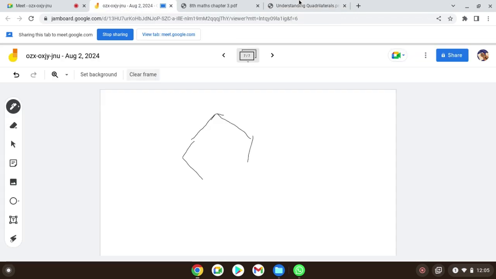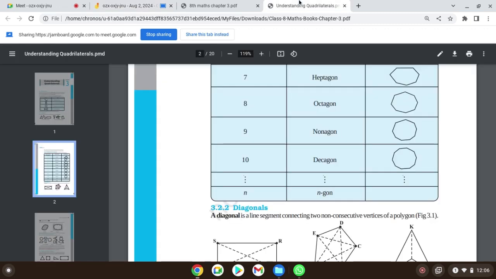1, 2, 3, 4, 5. Okay. 1, 2, 3, 4, 5, 6, 7. Oh my god, I am very bad at drawing. I can't draw that. Okay, can you draw the octagon? I am unable to draw that.